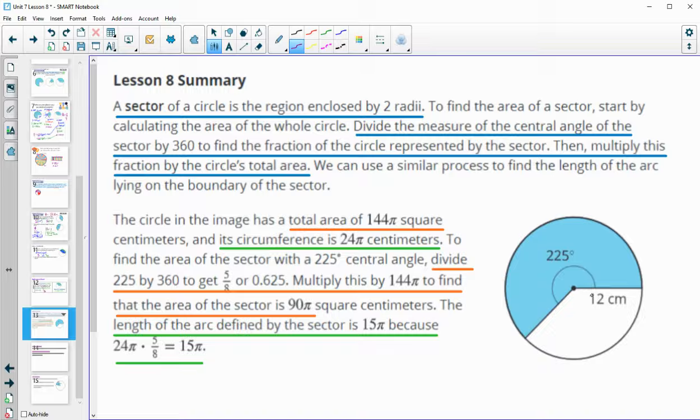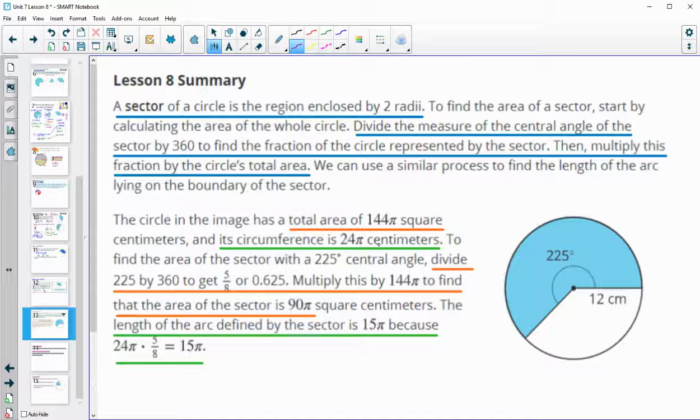So they figured out the total area by doing 12 squared pi. Then multiplied that by the fraction of the circle they have, 225 over 360, which simplifies to 5/8. Multiplied that by 144 pi to get the 90 pi.